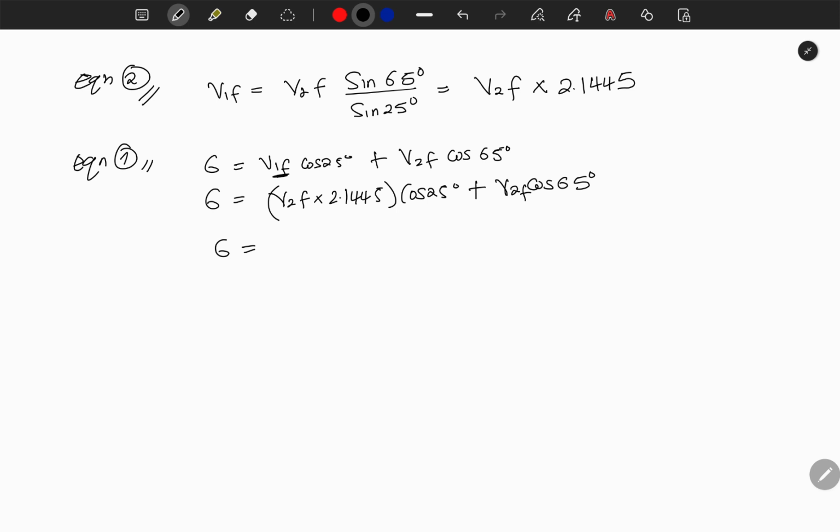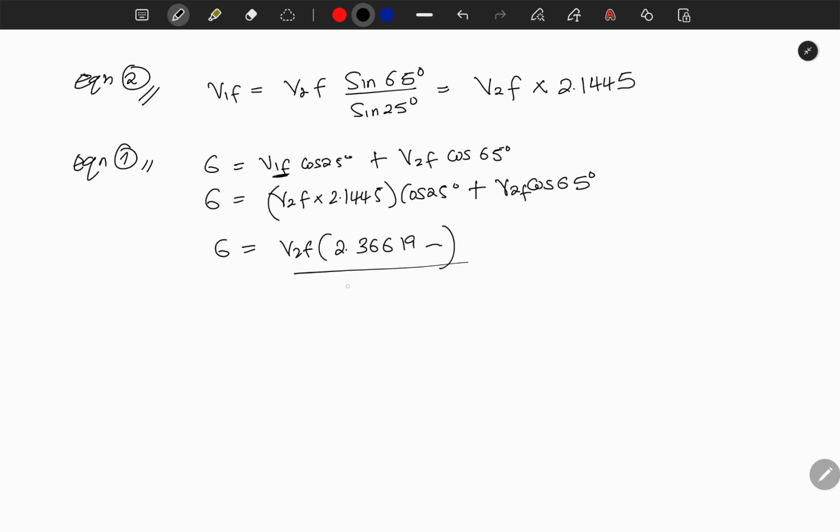Okay, so now we expand here. If you expand here, then you add it to that one, we punch cos 25 multiplied by 2.1445, then plus cos 65 there. So we are getting something like v2f open brackets 2.36619 and so forth.